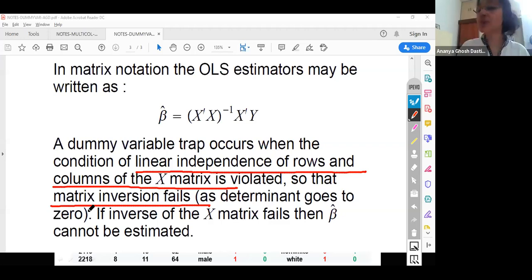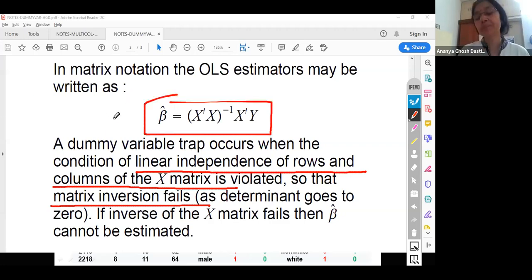If the X matrix cannot be inverted, then look at what will happen. There will be no beta hat. Because in matrix notation, beta hat, which is the solution to my system of equations for alpha hat, beta hat, etc., is this: (X prime X) inverse X prime Y.